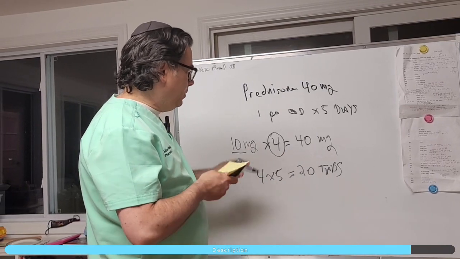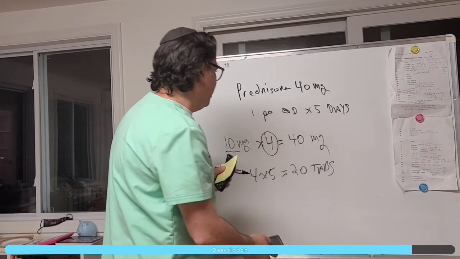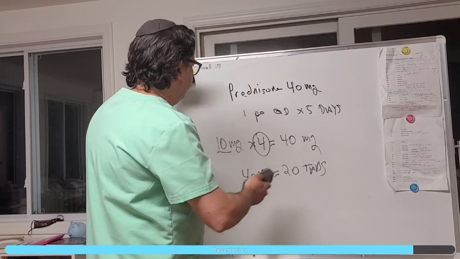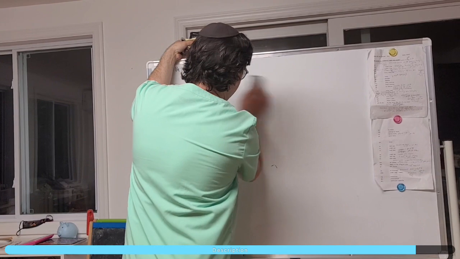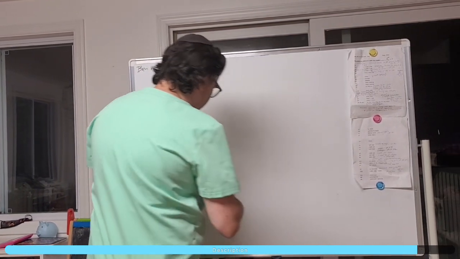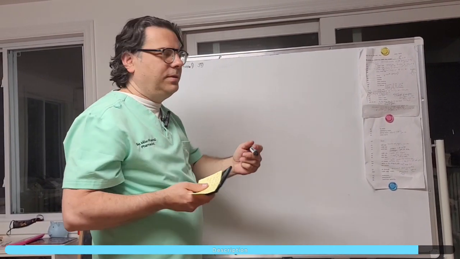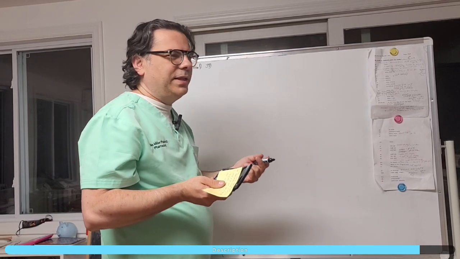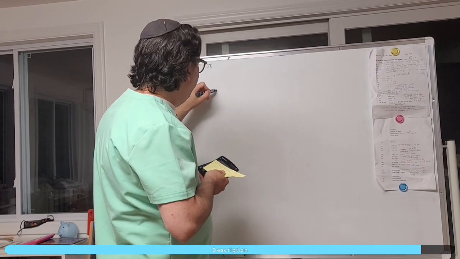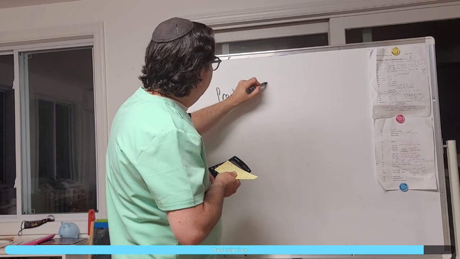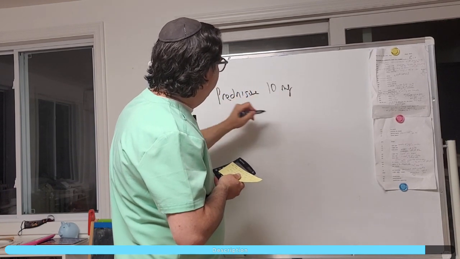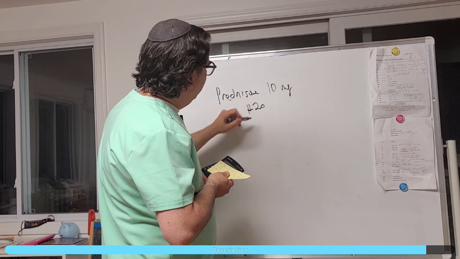In reality, this is the way in practice I would see the prescription written. It would be prednisone, 10 milligrams, number 20.